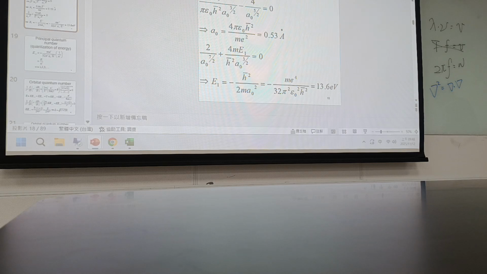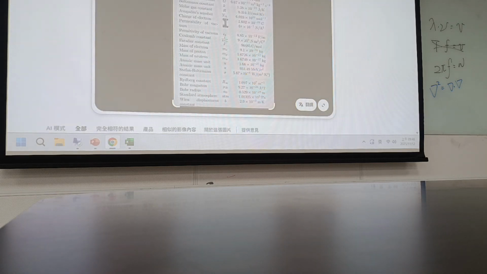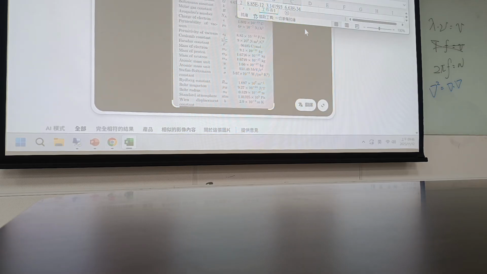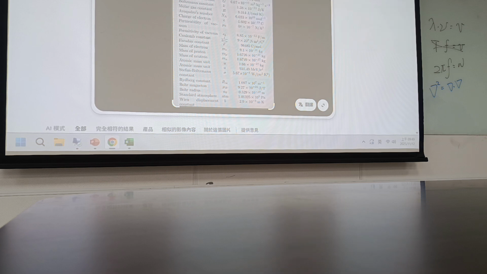M and E, right? M is the mass of the electron, 9.1 times 10 to the minus 31. And E is this one, 1.602 times 10 to the minus 19.